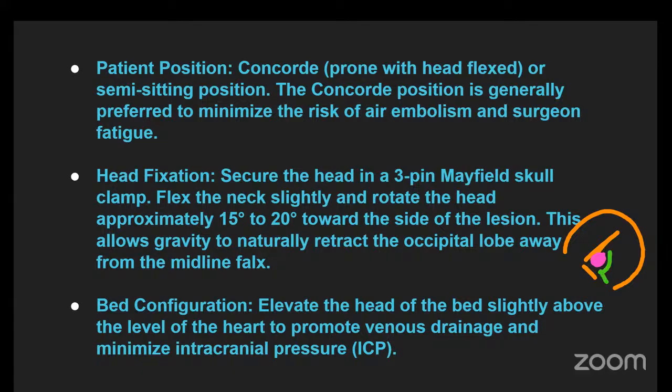The cortex is going to fall away with the help of gravity towards the other side. So we get natural access to this region. If you keep it neutral, you will not get the benefit of the natural gravity-assisted retraction. Apart from that, yes, we want the head above the heart to promote venous drainage and to minimize ICP. You know the gist. Let's move.